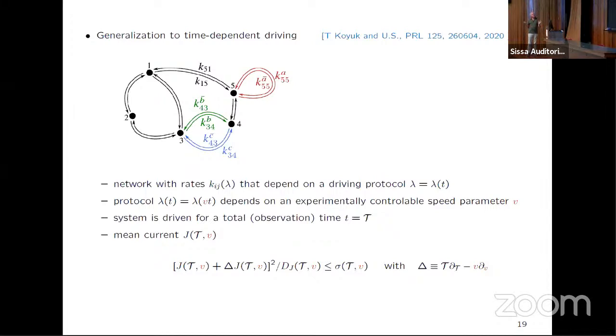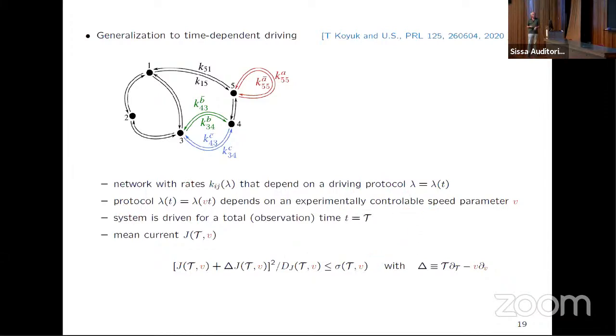So we allow general time-dependent driving, i.e. we allow rates which are time-dependent. So they depend on an experimental parameter lambda, and we assume that this lambda parameter can be experimentally changed faster or slower. And we observe the system for a total time t.